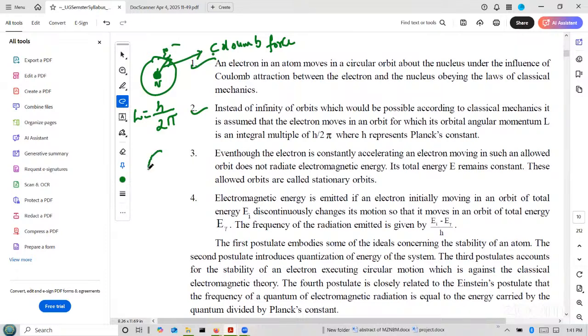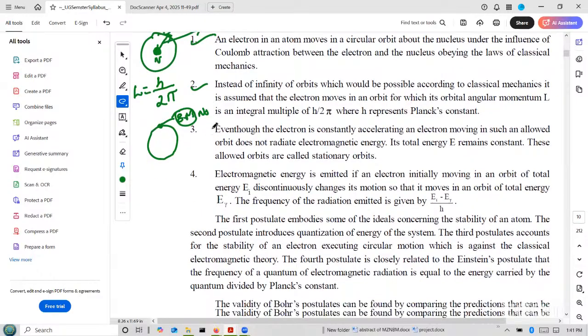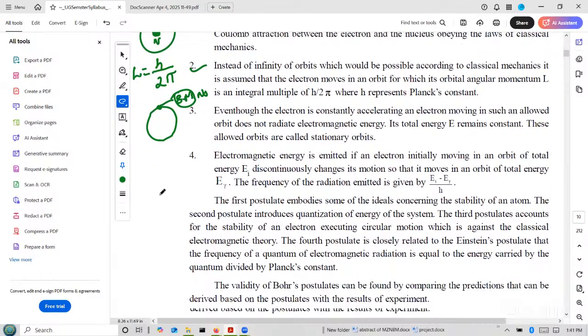Next, as the electron is moving around, it is not radiating any electromagnetic radiation. If electromagnetic radiation is not emitted, energy is constant.